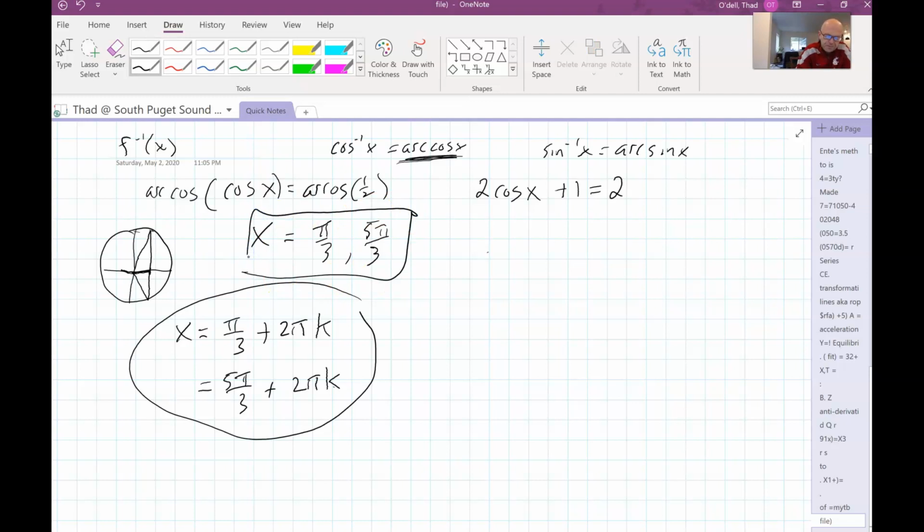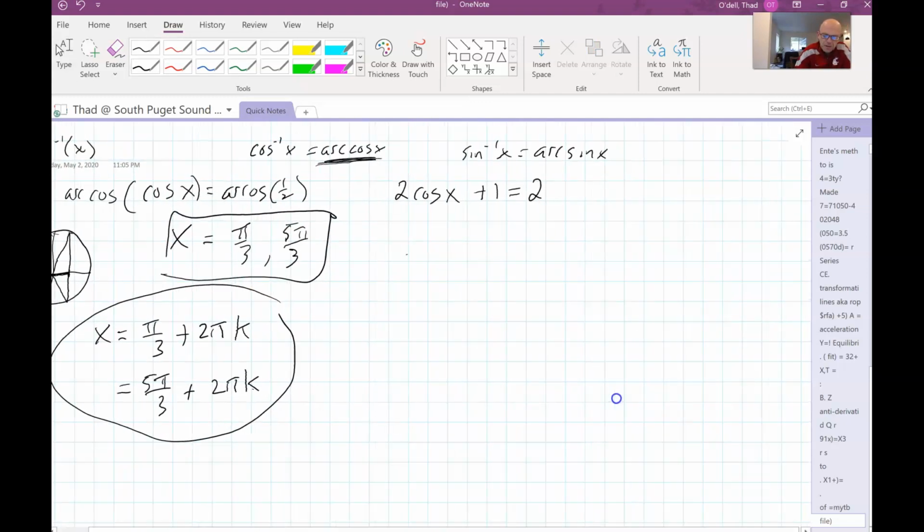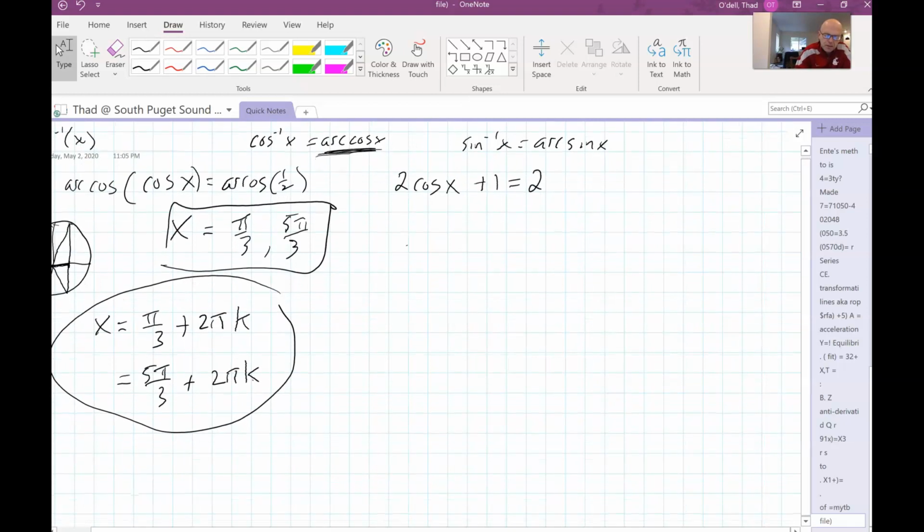Okay, now what if it's a little bit more complicated? So this one has other stuff besides just the cosine. In this case, the normal things I use for solving equations still apply. So we're going to just begin undoing stuff. I'll subtract 1 from both sides, and I get 2 cosine x is equal to 1.